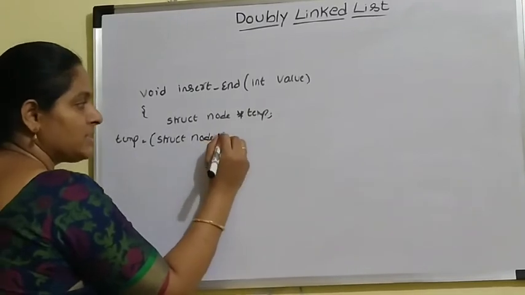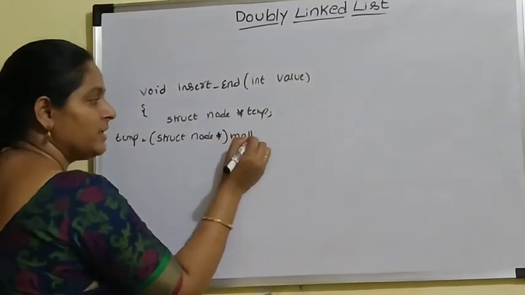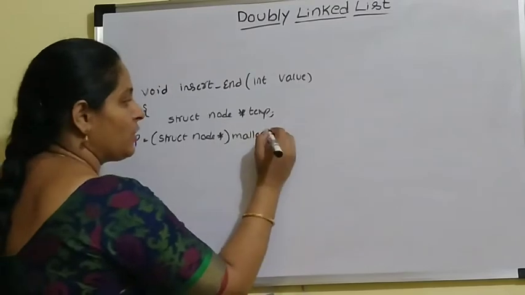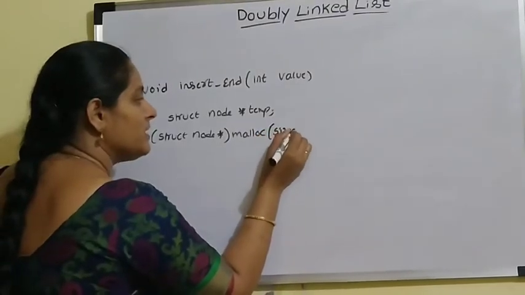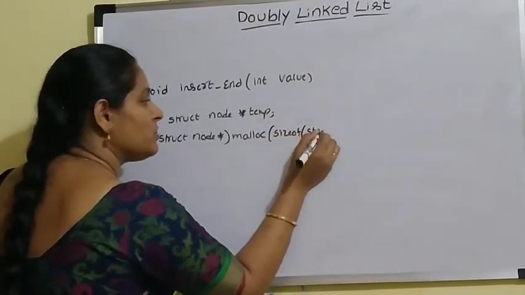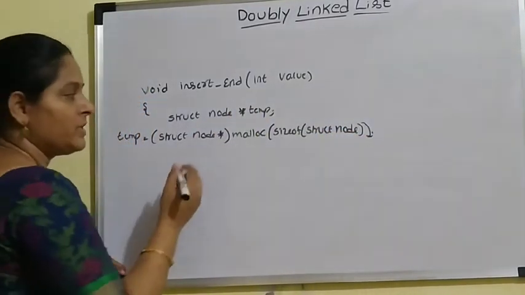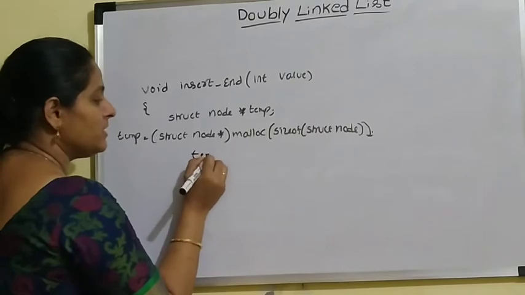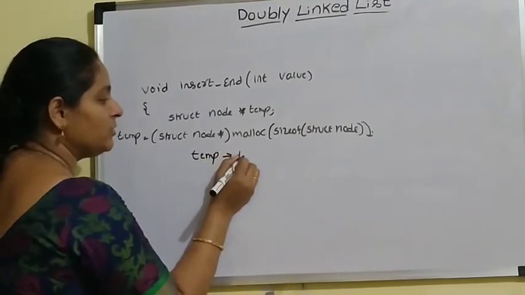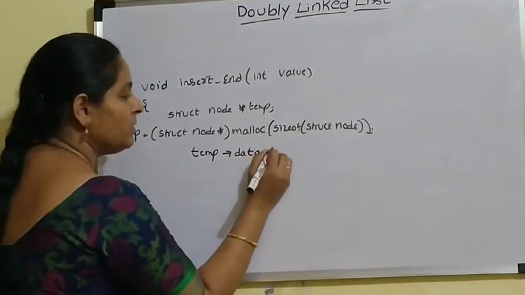Many times I explained these statements, that is the reason why I am writing quickly. Now whatever node you want to insert, place the data in the data part of the node. Temp data equal to value.